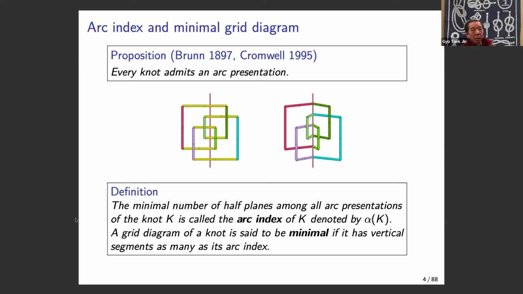The minimum number of half planes among all arc presentations is called the arc index, denoted by alpha of k. The smallest size grid diagram is minimal, and the minimal grid diagram has as many vertical segments as the arc index. Same for the horizontal segments.